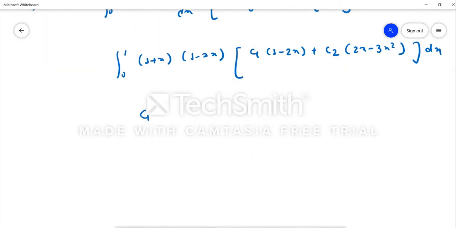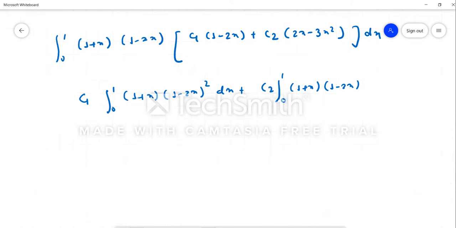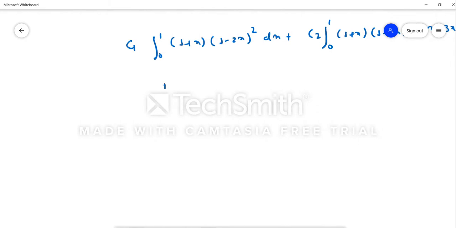It will look like this: integral from 0 to 1 of (1 plus x)(1 minus 2x) whole squared dx, plus then we will take c2 terms together: c2 (1 plus x)(1 minus 2x)(2x minus 3x squared) dx. On solving we will get 1 by 2 c1 plus 17 upon 60 c2.